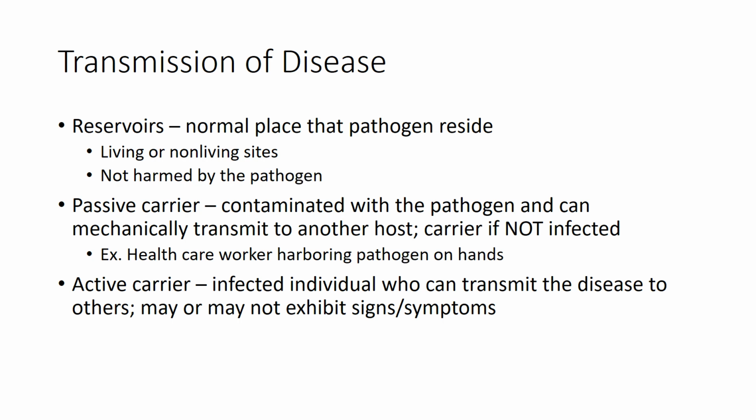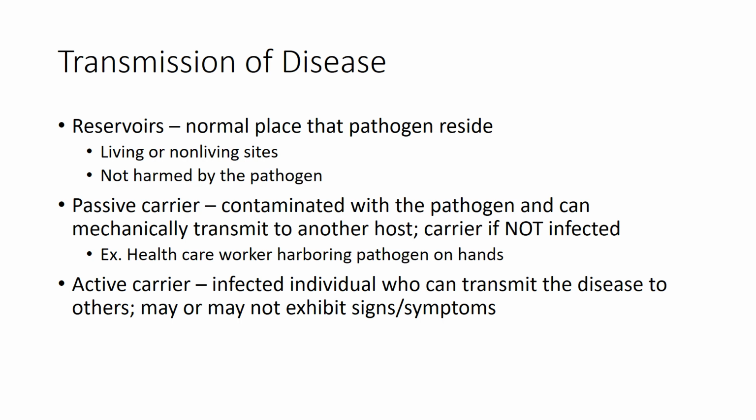There's two types of carriers, a passive carrier and an active carrier. A passive carrier is someone who has the pathogen and they can mechanically transmit it to someone else, but they're not specifically infected themselves. So the passive carrier is not going to have any sort of signs or symptoms of the disease.